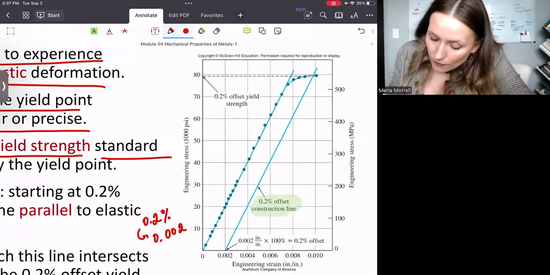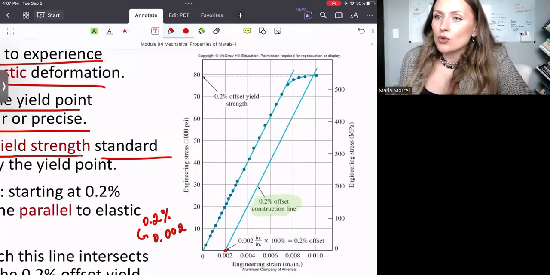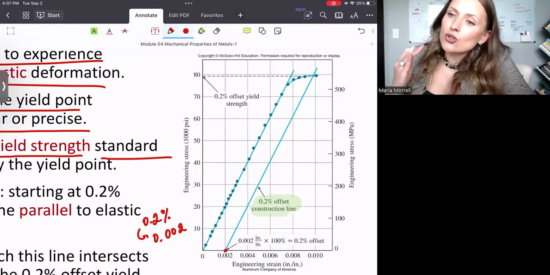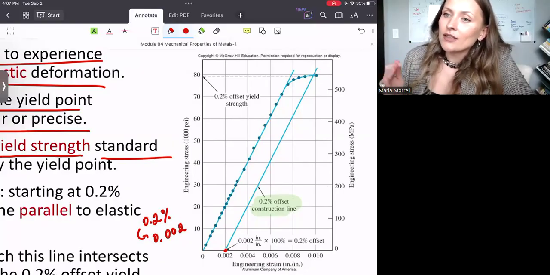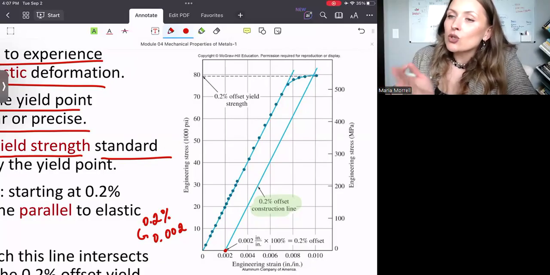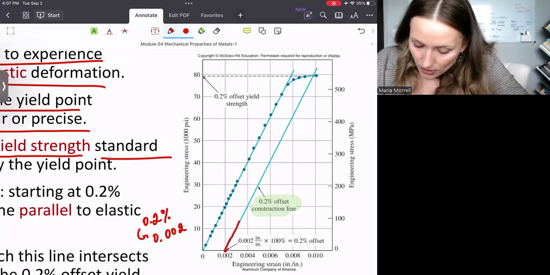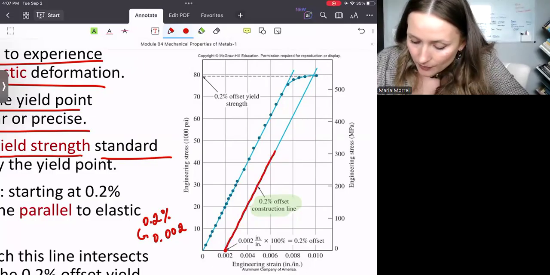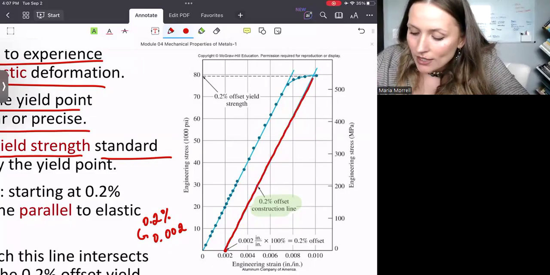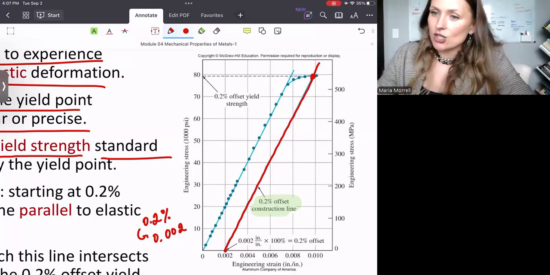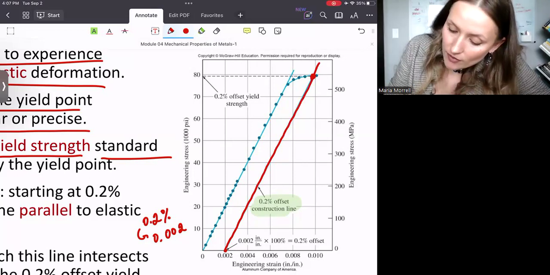So first you find this number on your strain axis. After that, I'm going to draw this offset construction line that runs parallel to your linear region. So I'm going to draw this line like that. And once I find the intersection, that gives me the yield point.